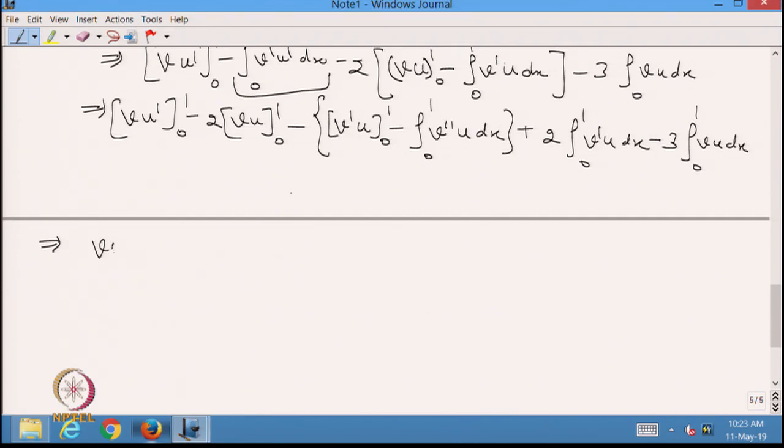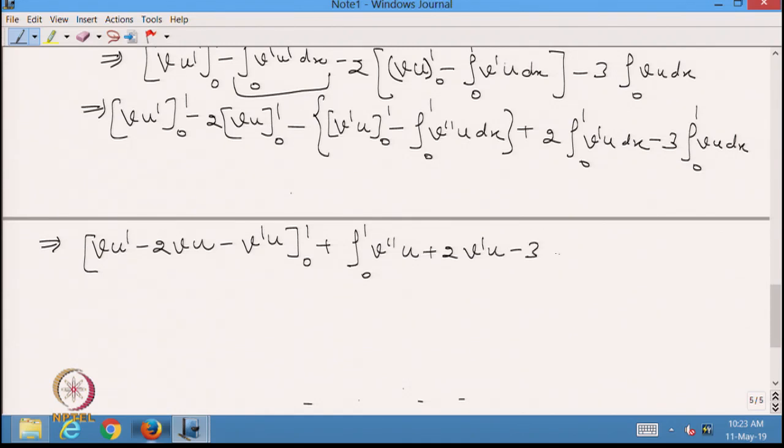So, this will be v u dash minus 2 v u minus v dash u from 0 to 1, plus the integral from 0 to 1 of v double dash u plus 2 v dash u minus 3 v u dx. So, this is the corresponding integration we are getting.